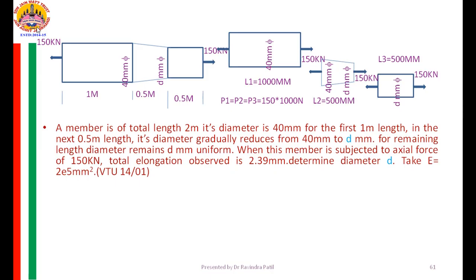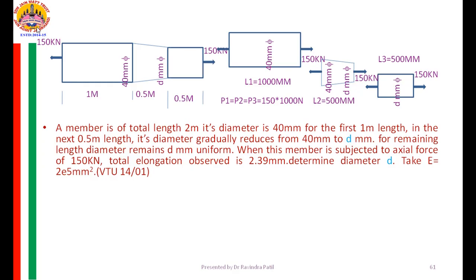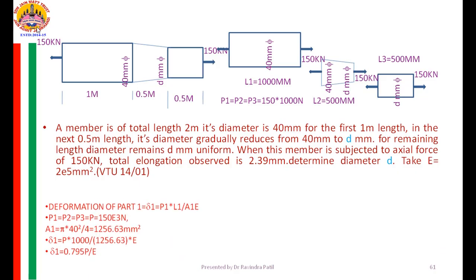In terms of D only, you calculate the total deformation. But he has given you the value of the total deformation. Equate it to the total deformation, and hence get the value of the diameter. See here, the deformation of the first part is given by delta 1 equal to P1 into L1.